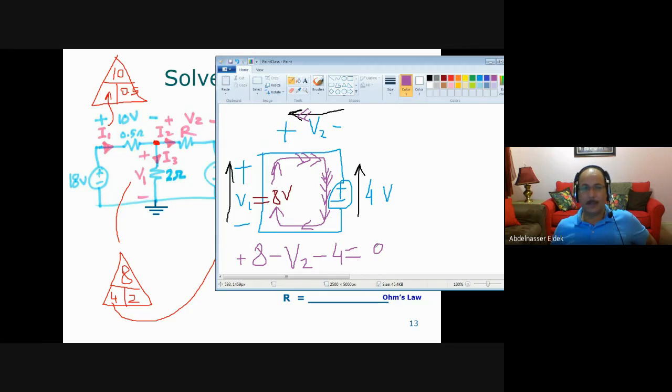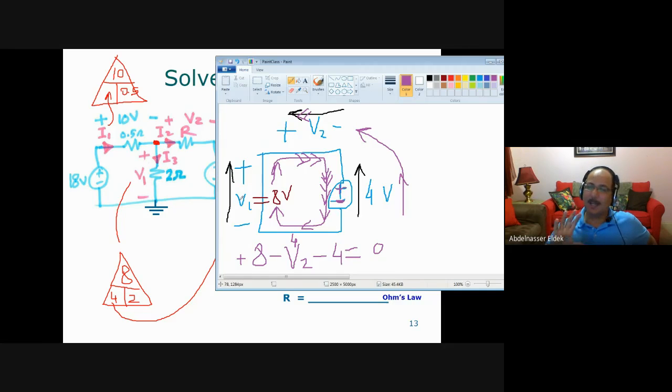Now it's very clear that V2 equals 4, because 8 minus 4 minus 4 is 0. You can also see it in a different way: the 4 volt and V2 are following the same direction, but V1 is opposite to them.